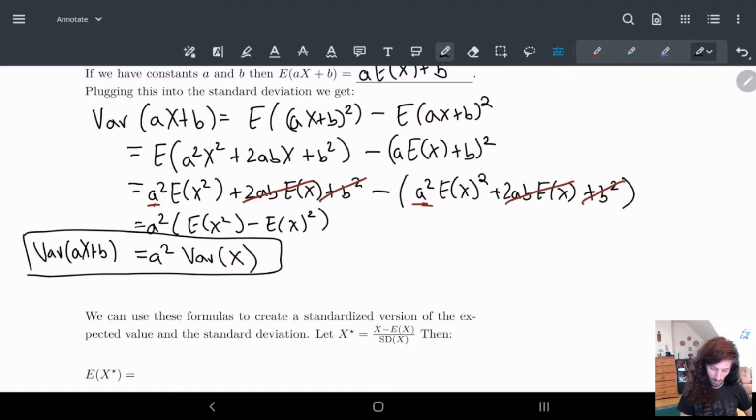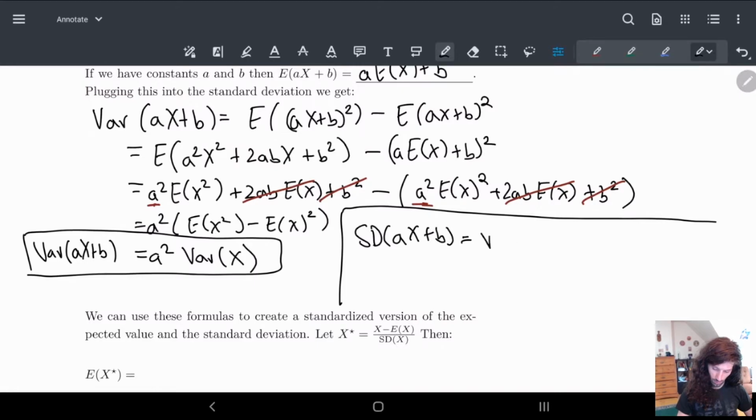And then we can do a very similar thing for standard deviation, since we have the variance done. This is the square root of the variance of ax plus b. For variance, remember, we just forget the constant and square the thing in front. So we get a squared variance of x.